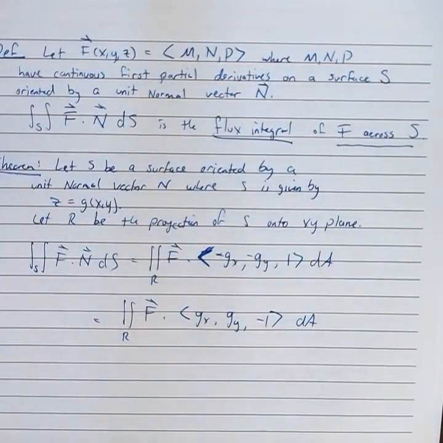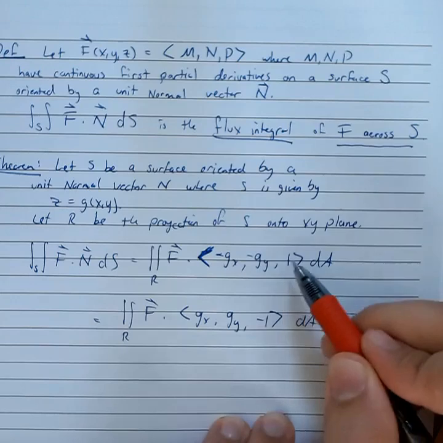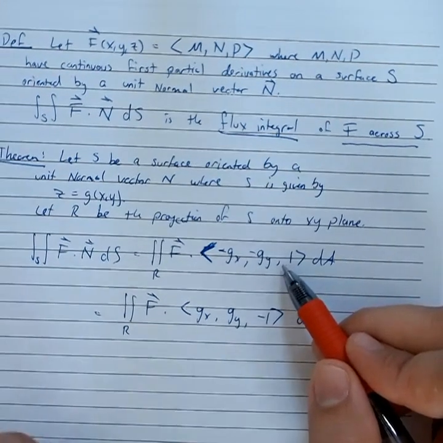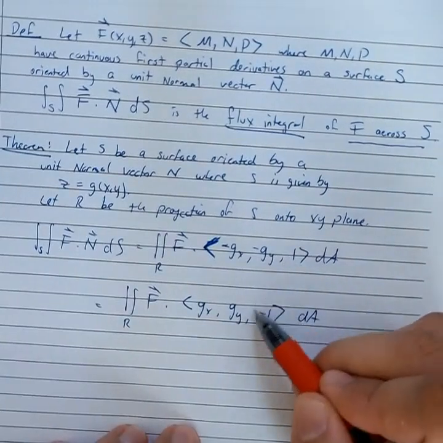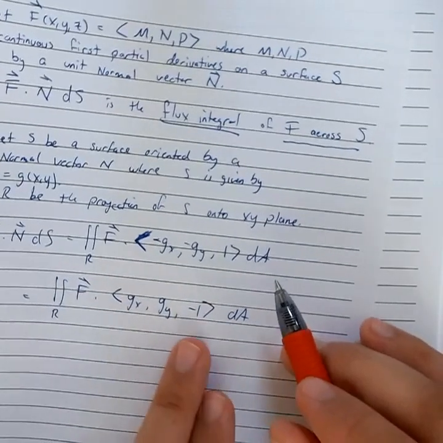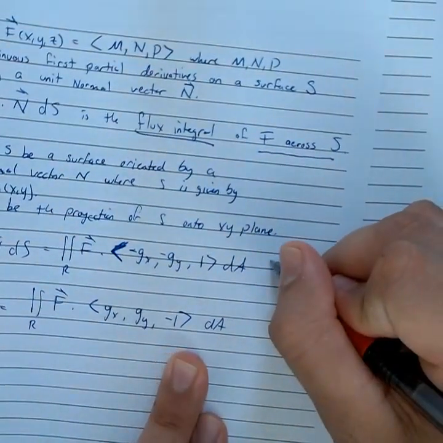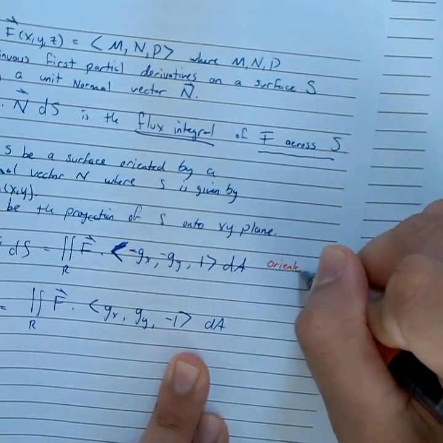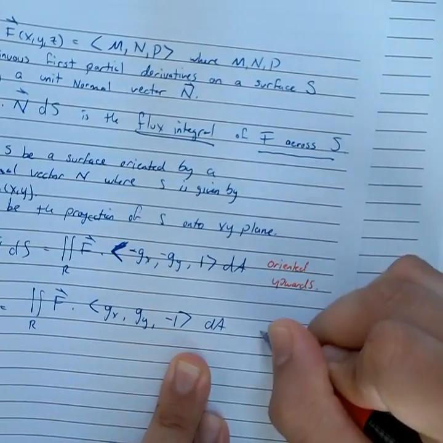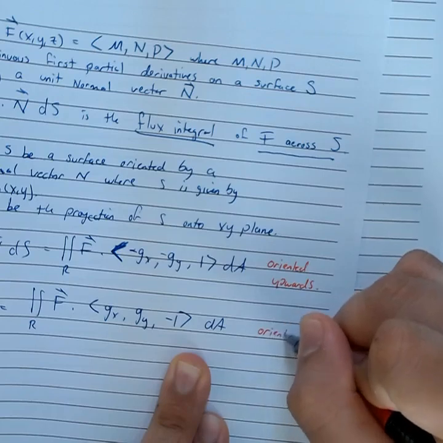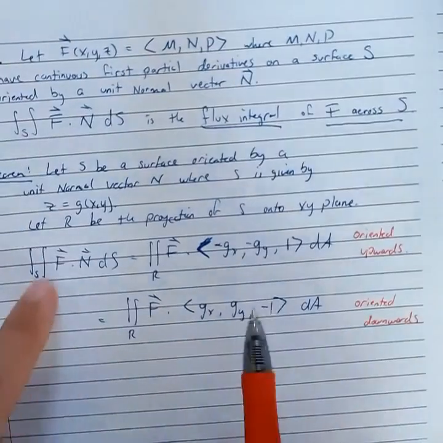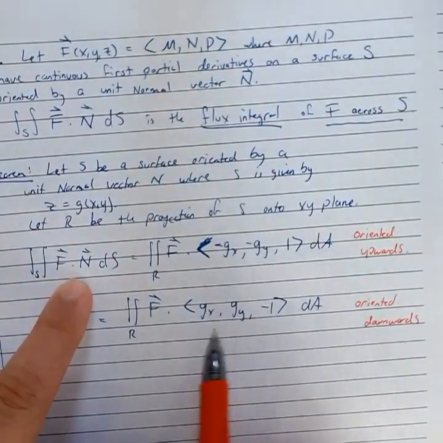The difference between these: here, the third component is positive, so this is the typical unit normal vector facing quote-unquote upwards. Here, this one's negative, so this is generally what we define as the unit normal vector being downwards. So here we have oriented upwards, and here you would have oriented downwards. Basically, here you're using just regular n, and here you're using the negative n.